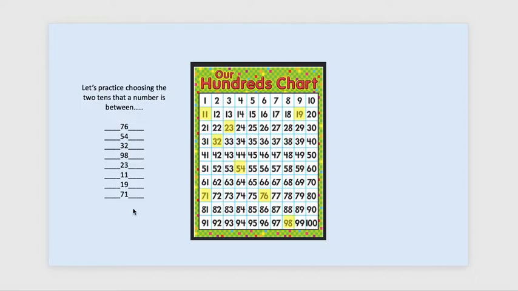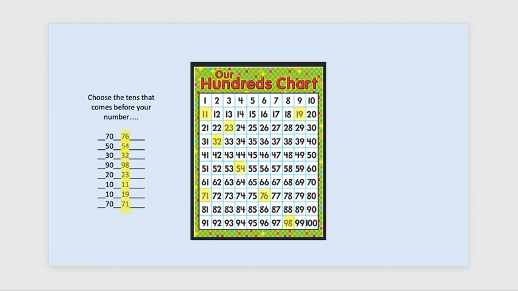And go all the way down, pause the video, and see if you can choose which tens would be on either side of your number. So there I put the numbers in yellow, and I chose all the before tens, the tens that would come before.